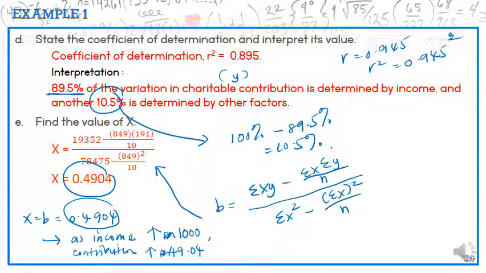Contribution awak will increase by 0.4904. Kenapa increase? Sebab B tu positif. Tapi kenapa saya convert jadi RM49? Sebab tadi your charitable contribution dalam unit 100 RM. So 49.04. Okay.